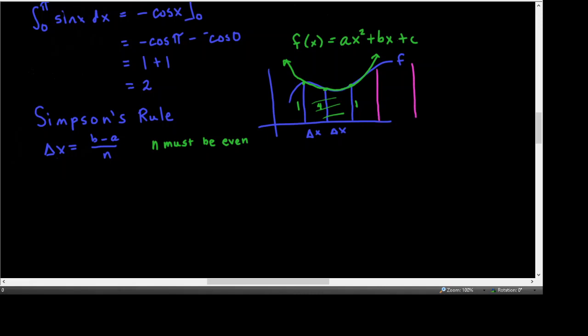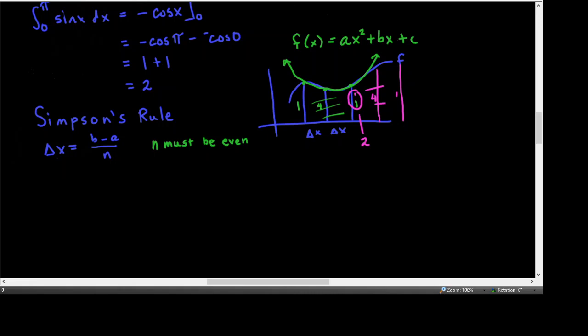Let me try to make them at least appear to be equally wide intervals. For this pair, you would use this one once, this one 4 times, and this one once. If you notice, this interior one that would have been used once is used once for the pair on its left, the green, and once for the pair on the right, the pink. So that one is used for a total of 2 times.